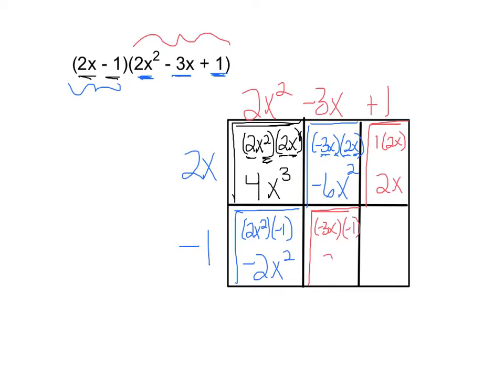So that's going to give you a positive 3x. And then last but not least, we have this last column, which is 1 times negative 1. So 1 times a negative 1 would be equal to negative 1.